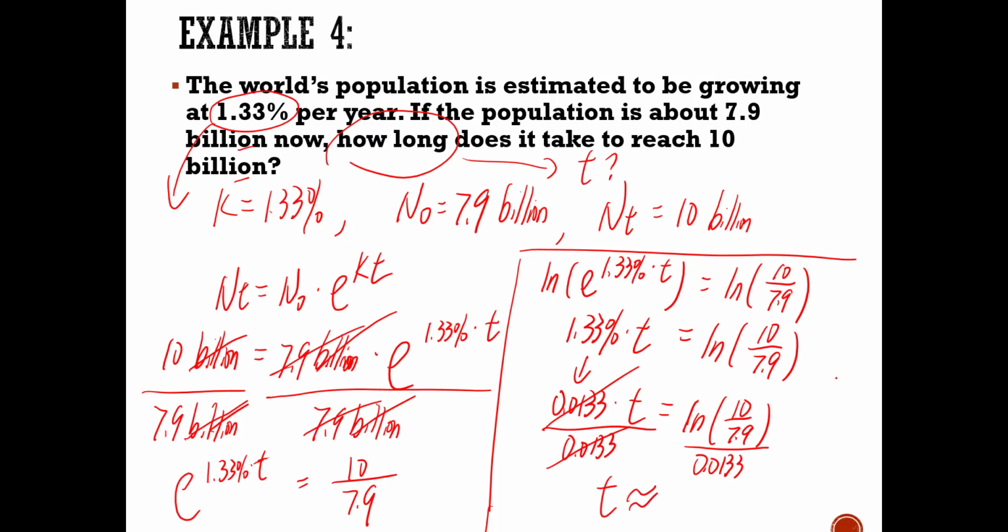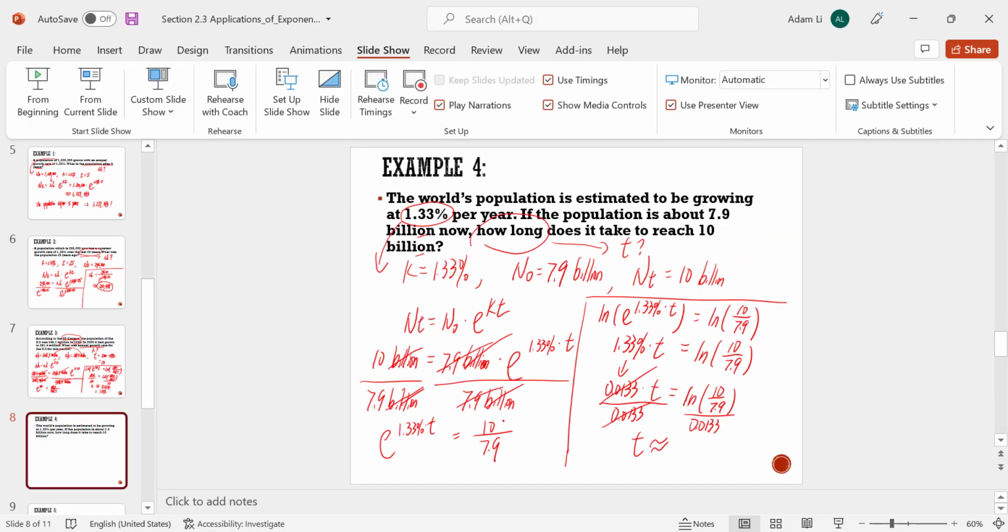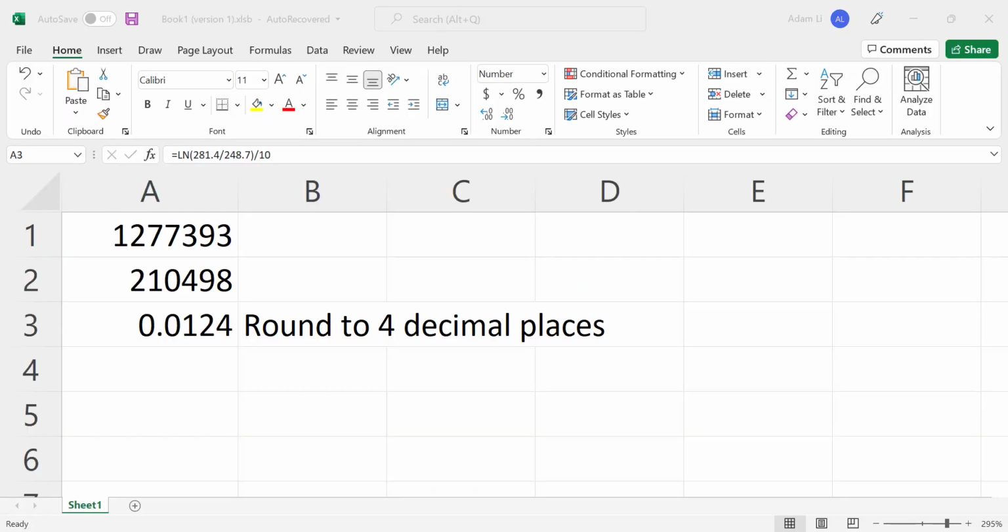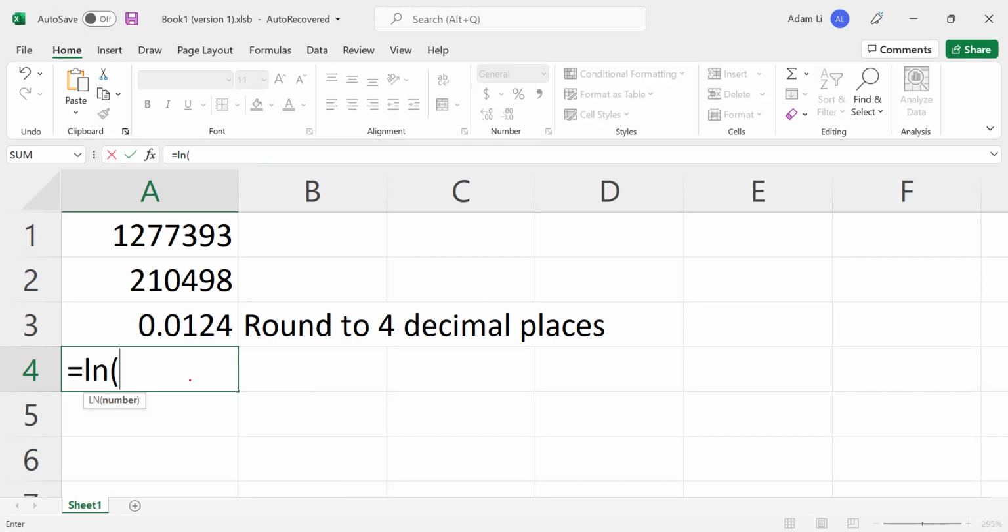Let's see how many years that is. Okay, so again, we're putting it into Excel. Ln of 10 over 7.9 and dividing by 1.33%, which is 0.0133. That should give us the time t.